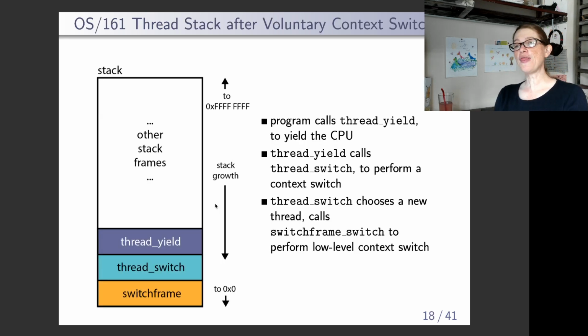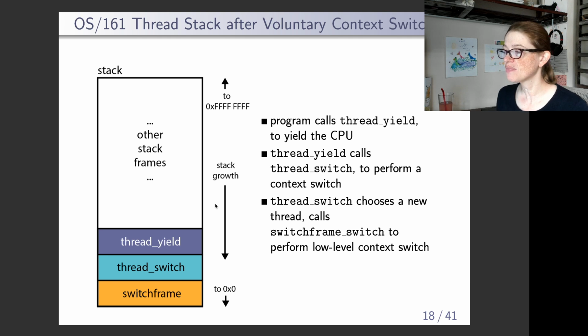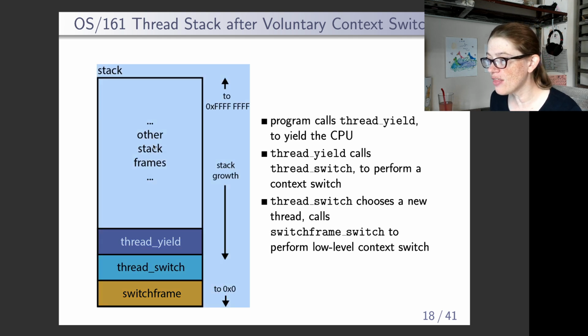Now, one of the things we like to do in this course is ask you to draw what the stack would look like under certain circumstances. So this is an example of a stack for a thread that voluntarily created a context switch by calling, of course, thread yield. So what we have is all of our other stack frames.